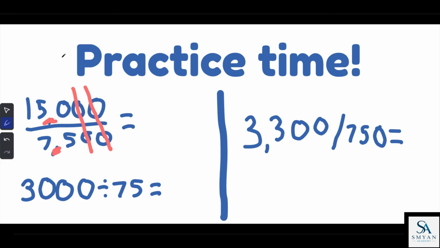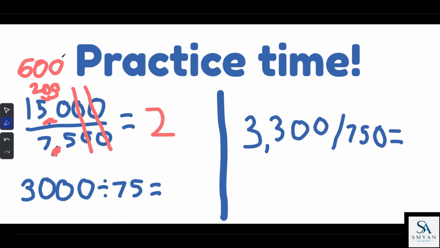Ignore the commas now, we don't need those. 150 divided by 75. Well, you could use your 75 trick, and you should see that 150 times 4 is 600. 600 divided by 3 is 200. Shift the decimal point 2 times because it's 75, and your answer should be 2.